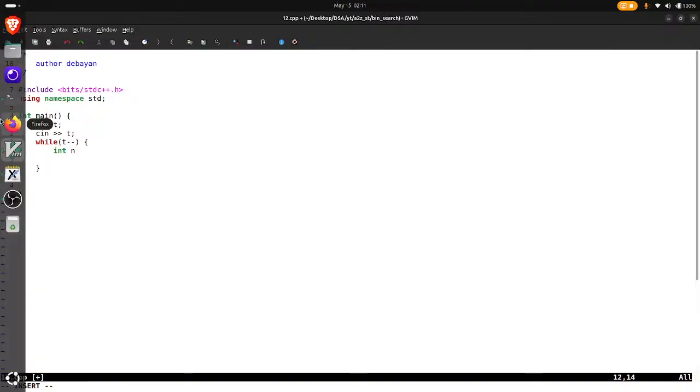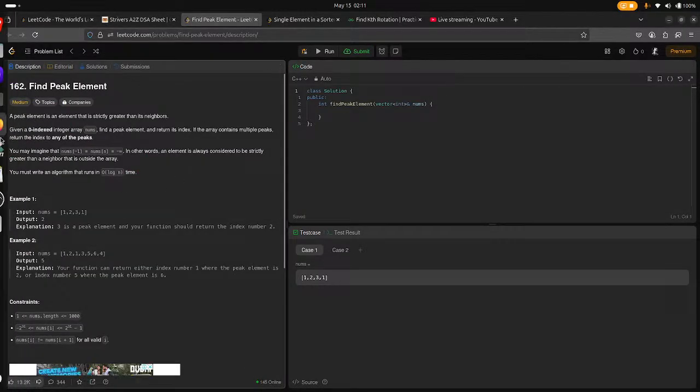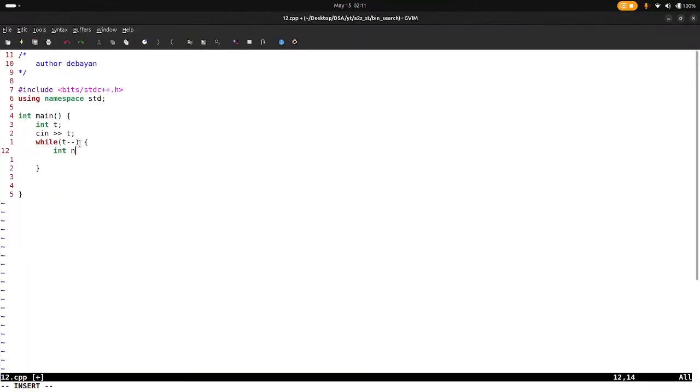So what are the constraints? By the way, are there any constraints? Okay, nums, and yeah, that's all I have to do. See what is a peak element: 3 is a peak element, since 2 and 1 are less than 3, so that is my answer. Okay, vector int nums having n. Let's create a for loop.